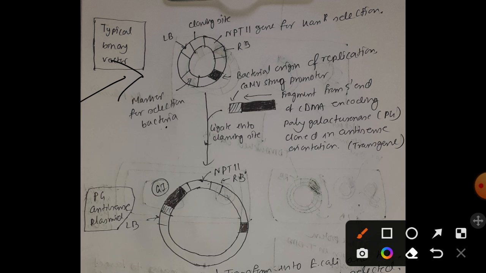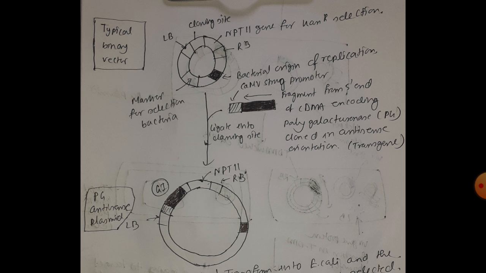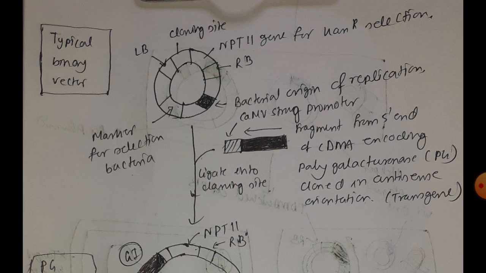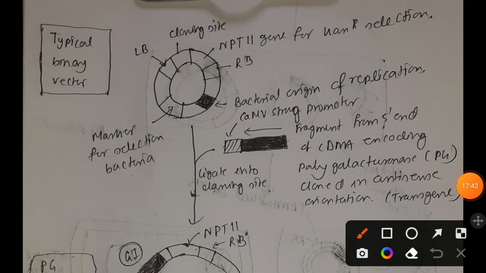Okay, and it has all the important things except the typical Ti plasmid features. Okay, and another important thing that a typical binary vector lacks, that I have not mentioned earlier, is any kind of opine synthesizing or metabolizing gene, right? And opine is also important for the normal Agrobacterium infection, right?